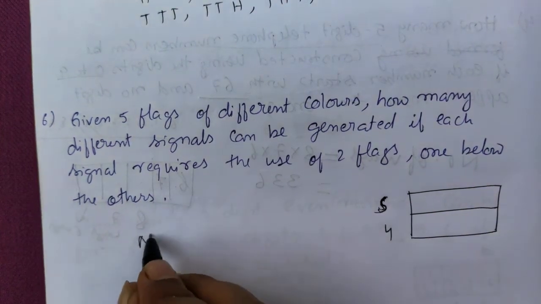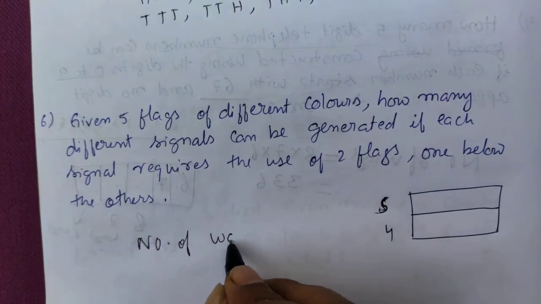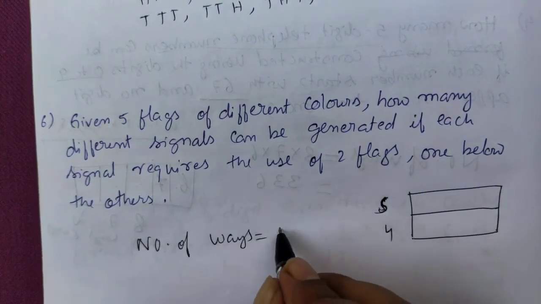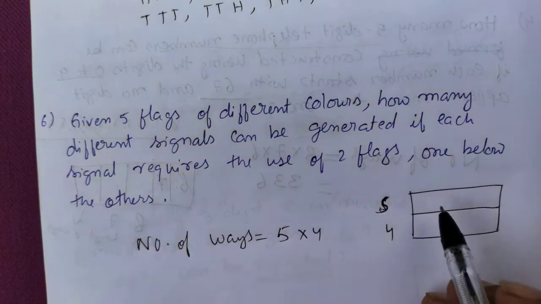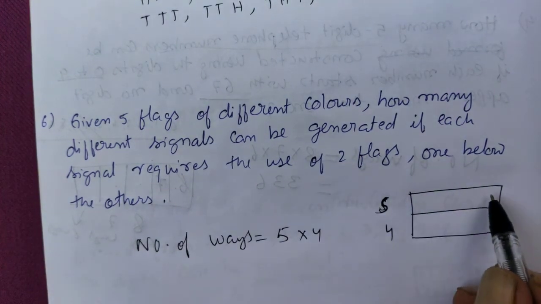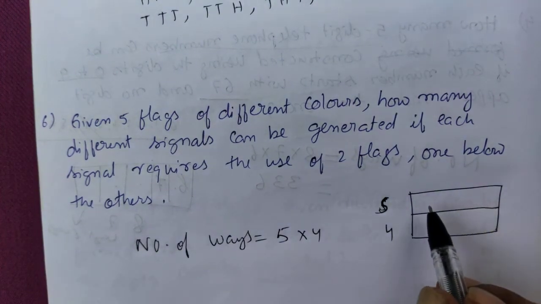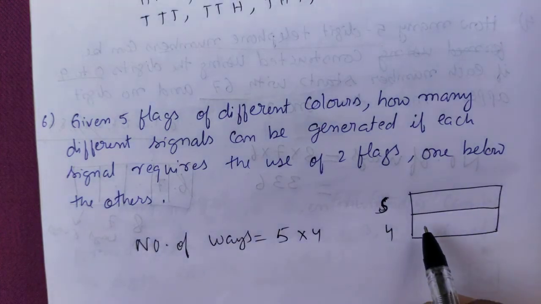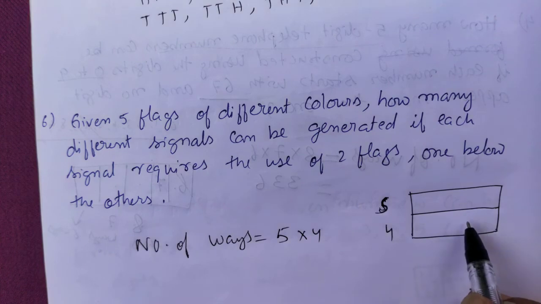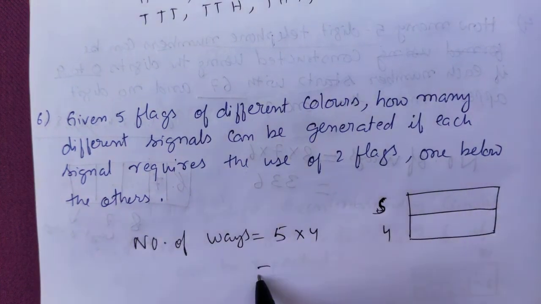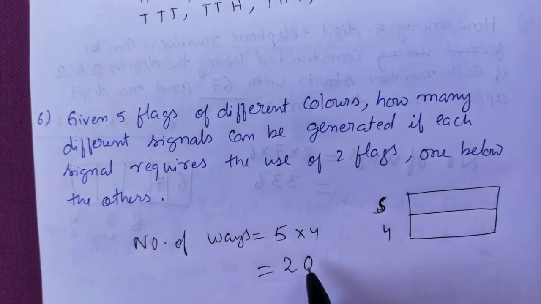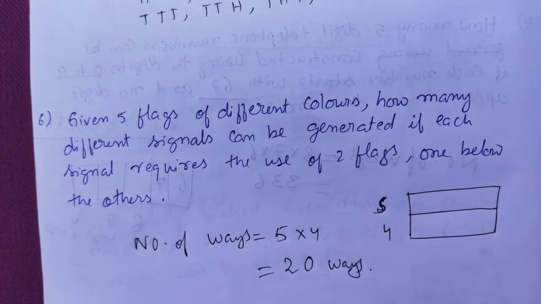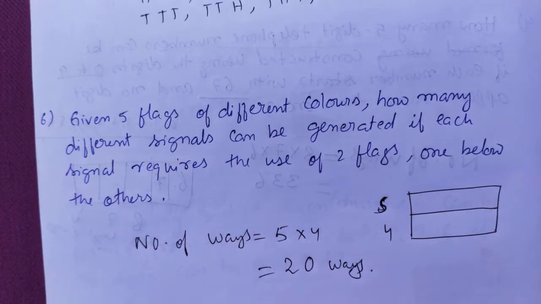So the number of ways will be 5 into 4. Here all the 5 colors can be used. If one color is already used, only 4 colored flags are left. So the number of ways will be 5 into 4, that is 20 ways we can arrange. Okay, you can pause the video to write the solution.